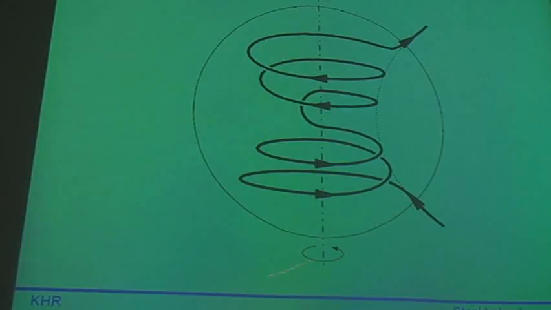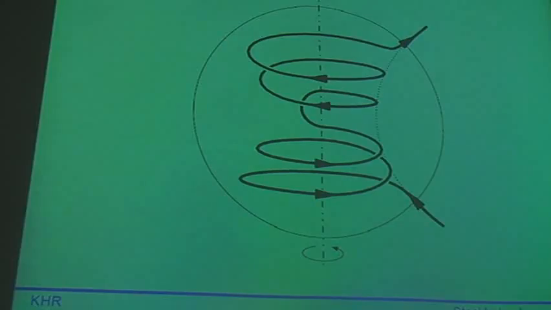Say the surface is at rest, a question of the frame of reference, and the inner parts rotate in the indicated way. If you have initially a poloidal field line here, then it is wound up in this way, and you can analyze this configuration so that the result is a superposition of the original poloidal field and toroidal fields here.